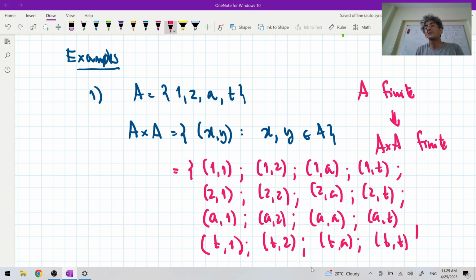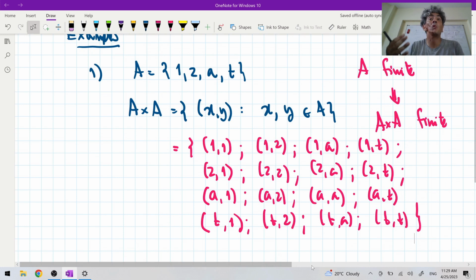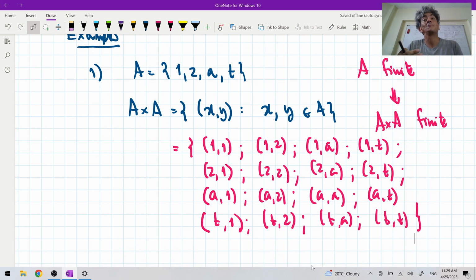In this case, we were able to describe the Cartesian product simply by listing all its pairs, right? And this is the whole A times A, right?